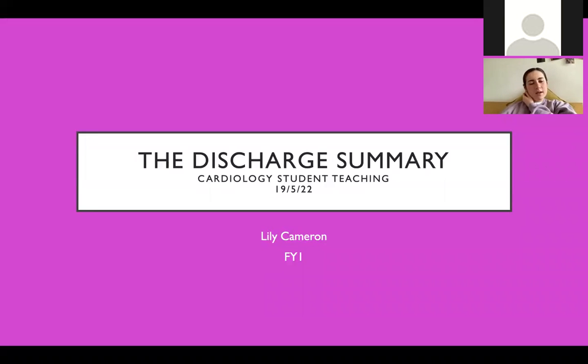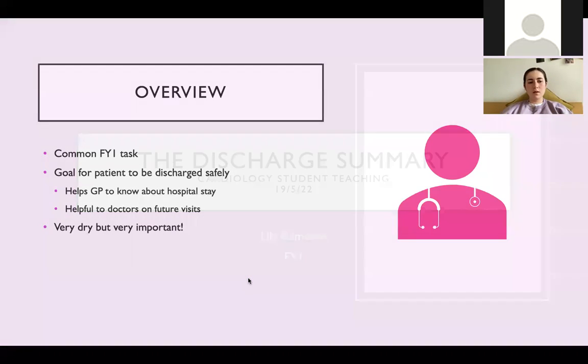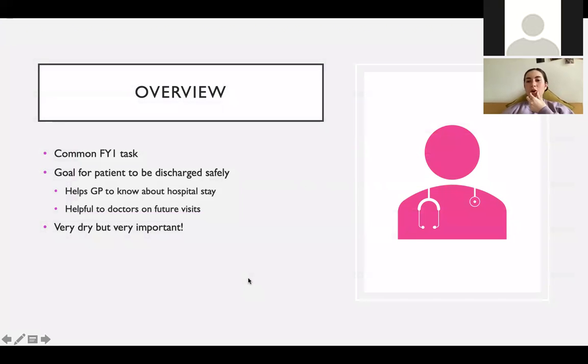Cool. So as Steve said, I'm going to be going over the discharge summary today. It's a very common FY1 task, and not just FY1, but as a junior doctor, you'll be doing this all the time. So I think it'd be useful to familiarise yourself with how to do it. Like Steve already mentioned, we've got to aim for people to be discharged safely.